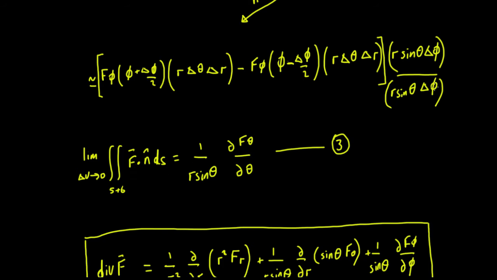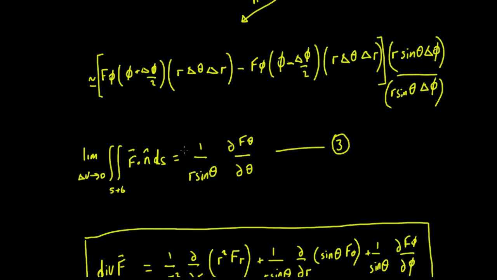The delta phi is going to be subsumed within the partial derivative. So we're going to end up with 1 upon r sine theta, partial f of phi by partial phi. So that's going to give us our values for surfaces 5 and 6.